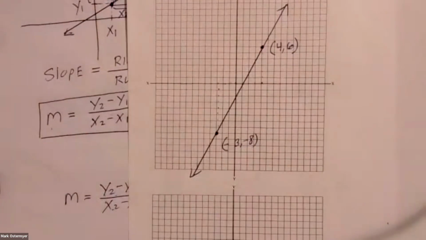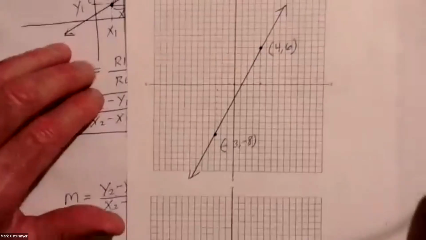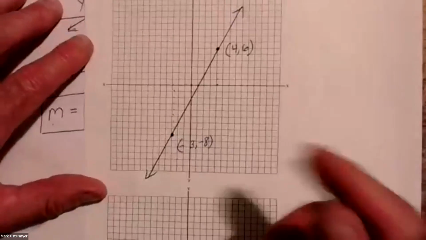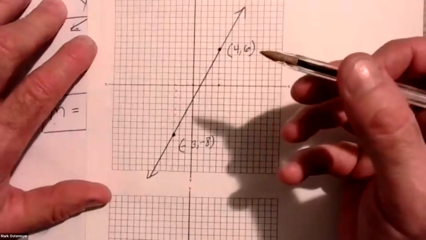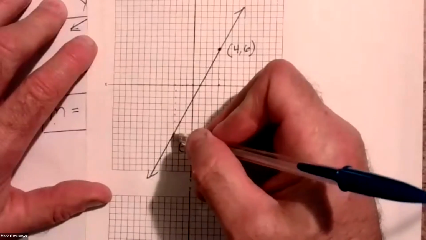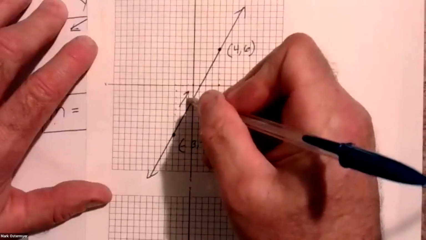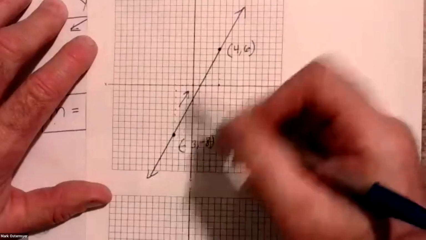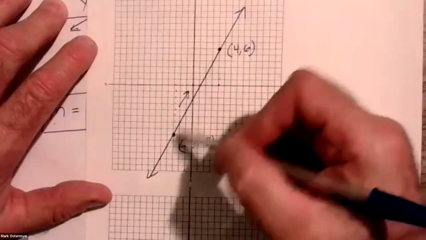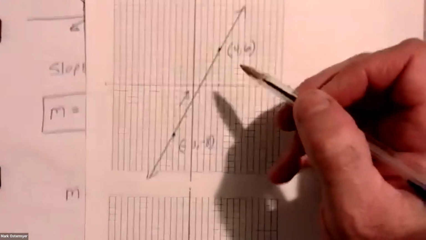Now we can determine the slope of this line visually, if you will, using our graph. So suppose, ladies and gentlemen, I want to walk from this point up to this point. So I'm going to walk along my line this way. How much rise do I experience and how much run do I experience?